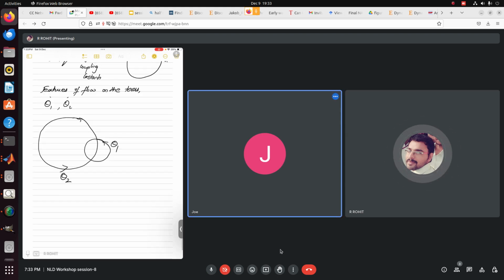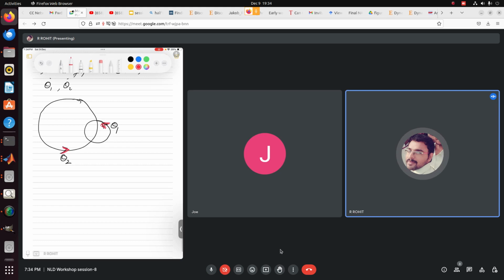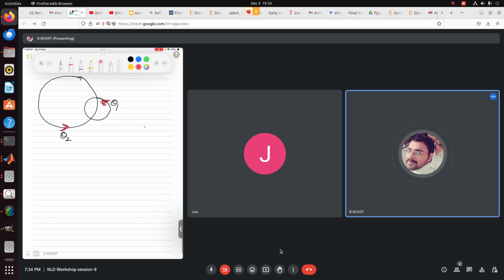So how we draw it is, we have theta 1 moving in this direction. By that time, how much rotation theta 2 has moved. Now if you plot that, you will see a torus-like structure, you will be able to say you have this and you have this.